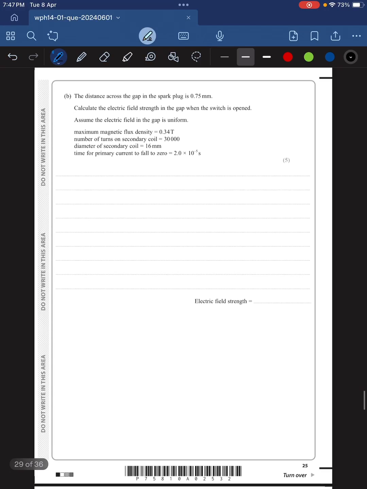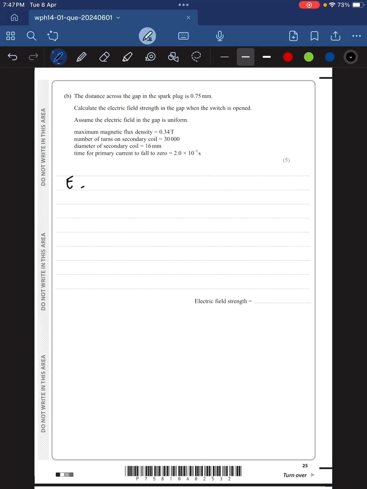Now, part B. The distance across the gap in the spark plug is 0.75 millimeters. Calculate the electric field strength in the gap when the switch is open. Assume the electric field in the gap is uniform, and they give us the magnetic flux density, the number of turns in the secondary coil, the diameter of the secondary coil, and the time for primary current to fall to 0.